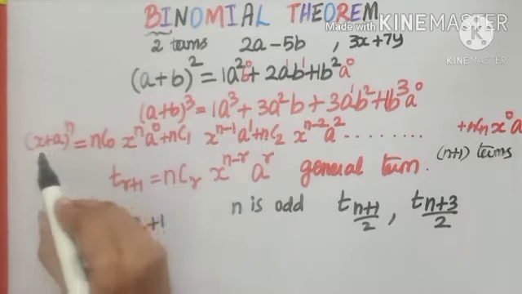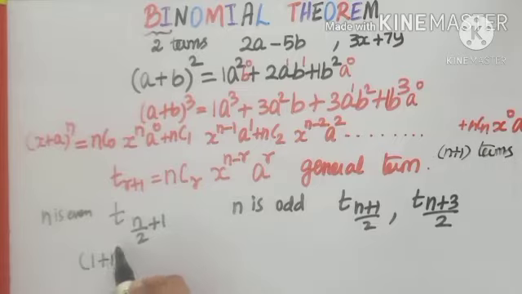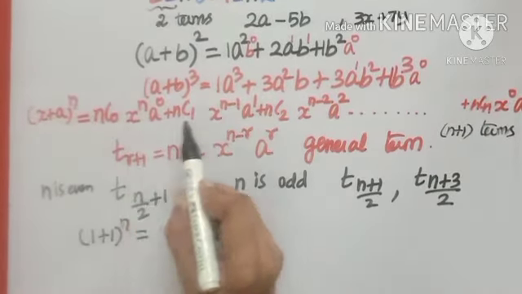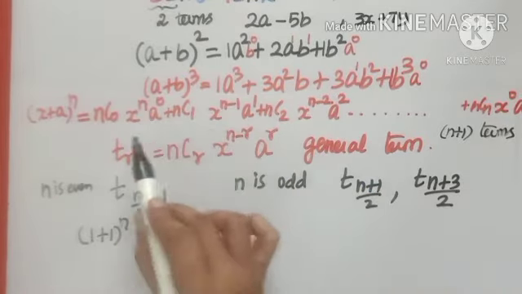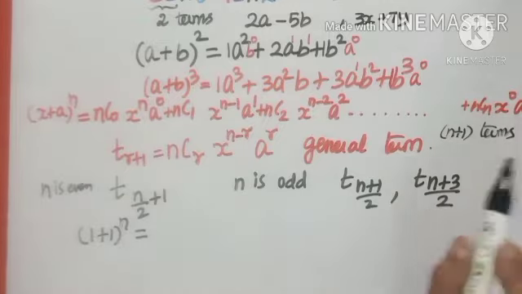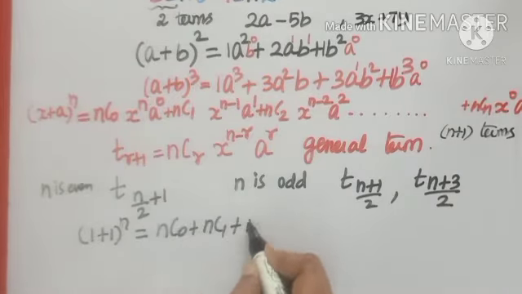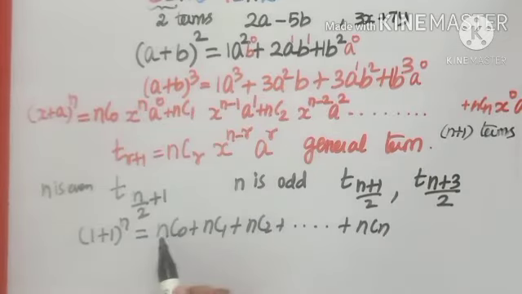Now, look at this formula. If I put x is 1, a is also 1. See what happens? 1 power anything is 1 only. So, this x, a and all won't come. What only will come? nC0, nC1, nC2 and so on, nCn. So, only the binomial coefficients are coming.